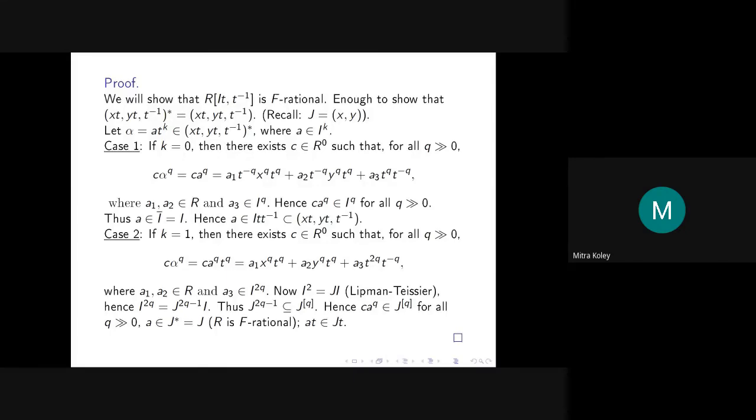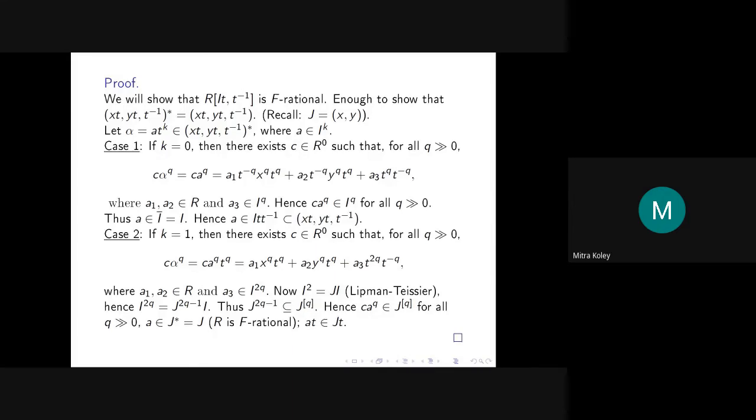So let alpha be of the form a t^k, which is in the tight closure of (xt, yt, t inverse), where a is in I^k. I'll do the case only when k equals 0 and k equals 1. The other cases are easy, and so I leave them.